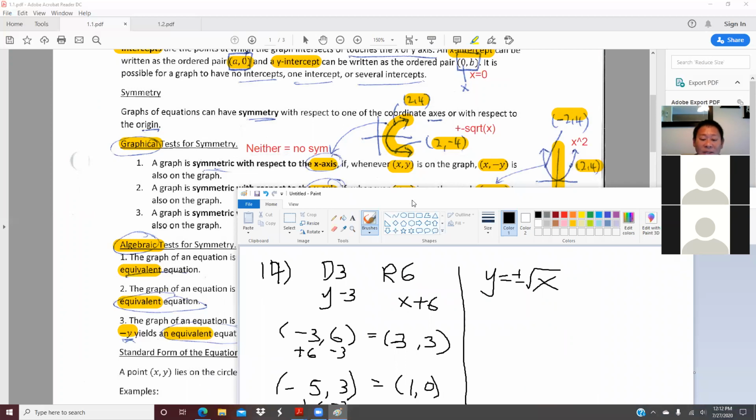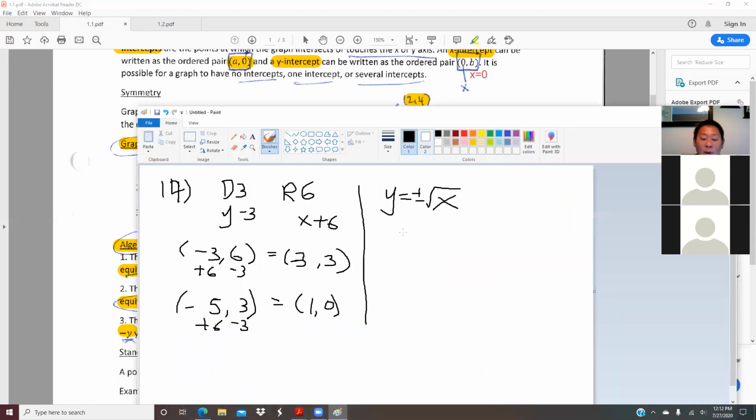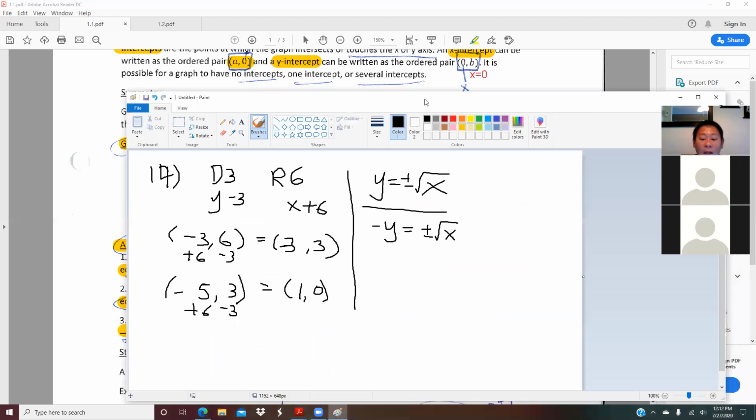What do we do first? We replace y with negative y. So I replace my y to become negative y, and I get this. In order to solve for x, I square both sides.